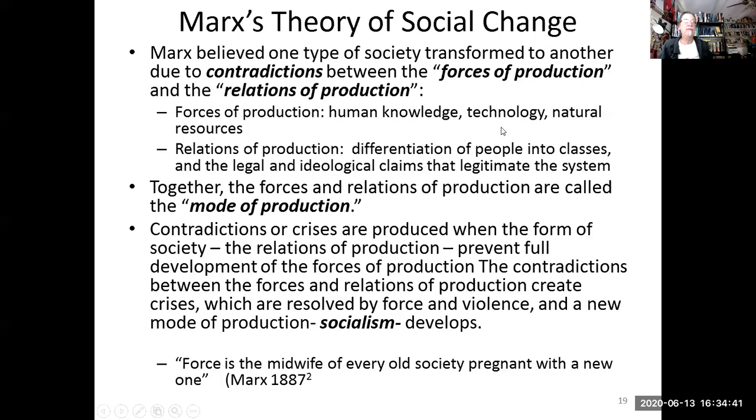So the forces of production were advancing as the Industrial Revolution was beginning. The relations of production were stuck. So there was a contradiction, and the feudal system fell, the capitalist system replaced it. That happened at different times in different parts of Europe.